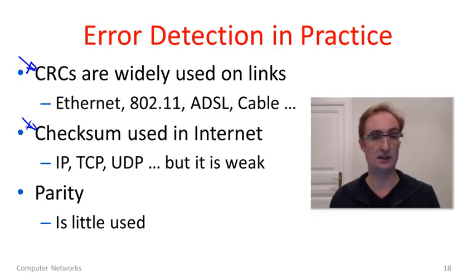Compared with CRCs, though, while they're simpler to compute, they're weaker. And I would hazard to guess that if the Internet were being designed today, stronger forms of checksumming would be used. Finally, there's parity, which is a good motivating example for us to work through, but it's little used in practice because we can usually afford more sophisticated schemes for error detection.